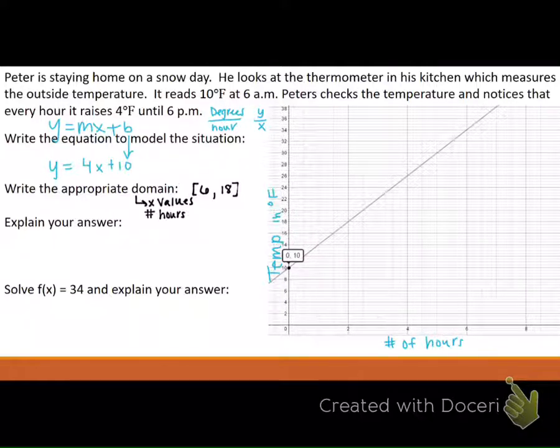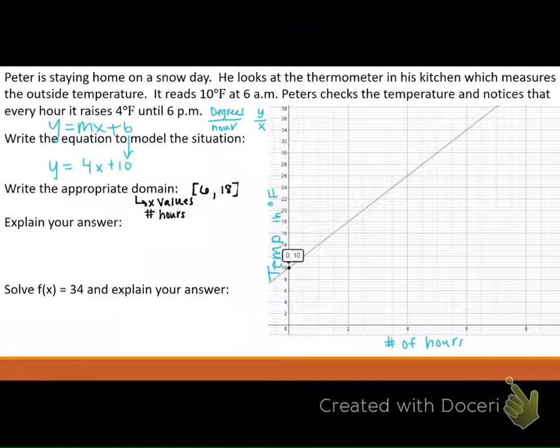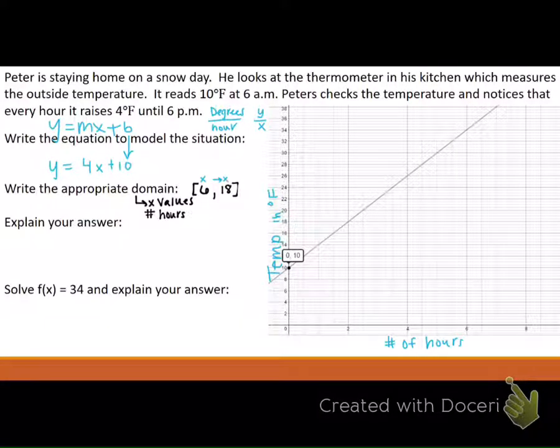Okay, so what does this mean? This is not an ordered pair. This is an x value to another x value. What does that mean for us? Give me a sentence about what that means. Remember, it's an x to an x because it's a domain. What are you thinking? Just tell me. Like, the distance from start to finish. Instead of distance, though, it's a time from start to finish, right?